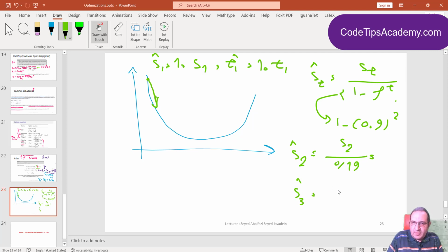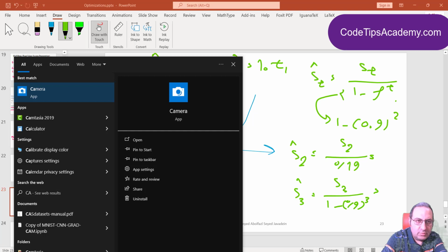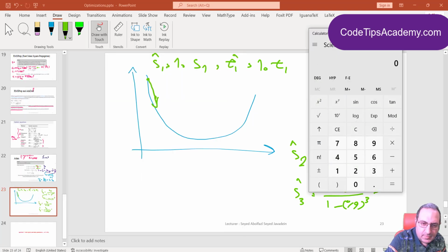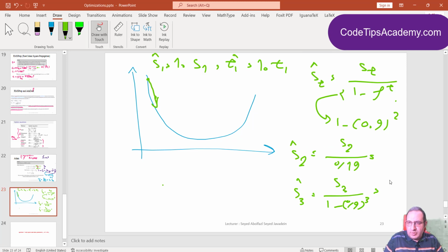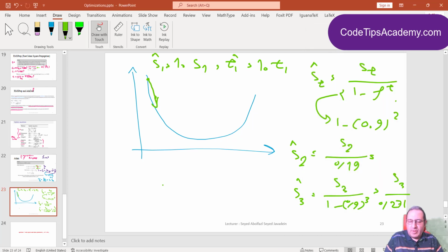S3 tilde is S3 divided by this amount, if we use a calculator.